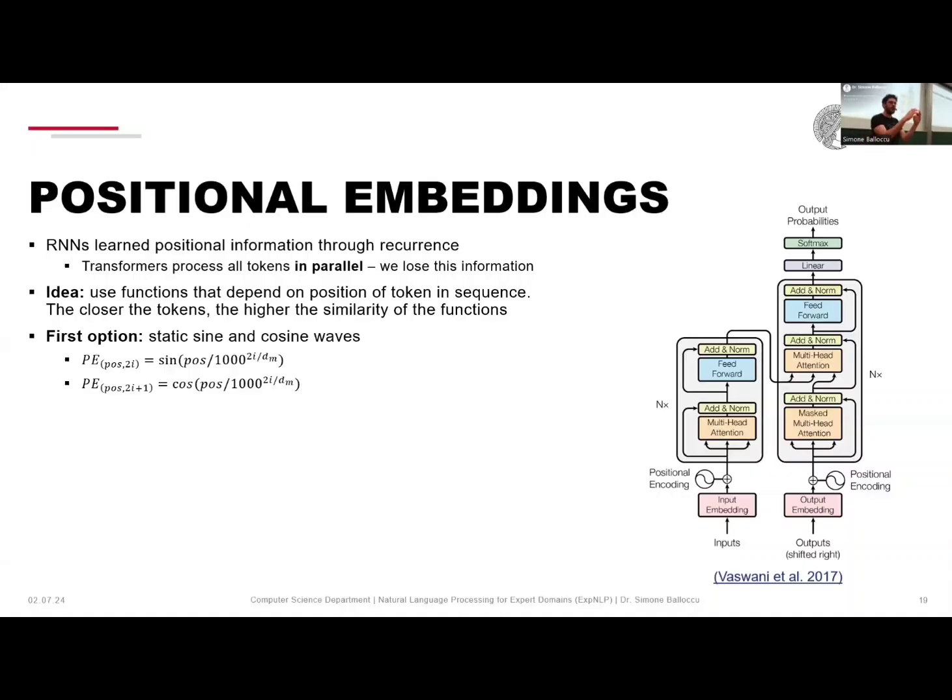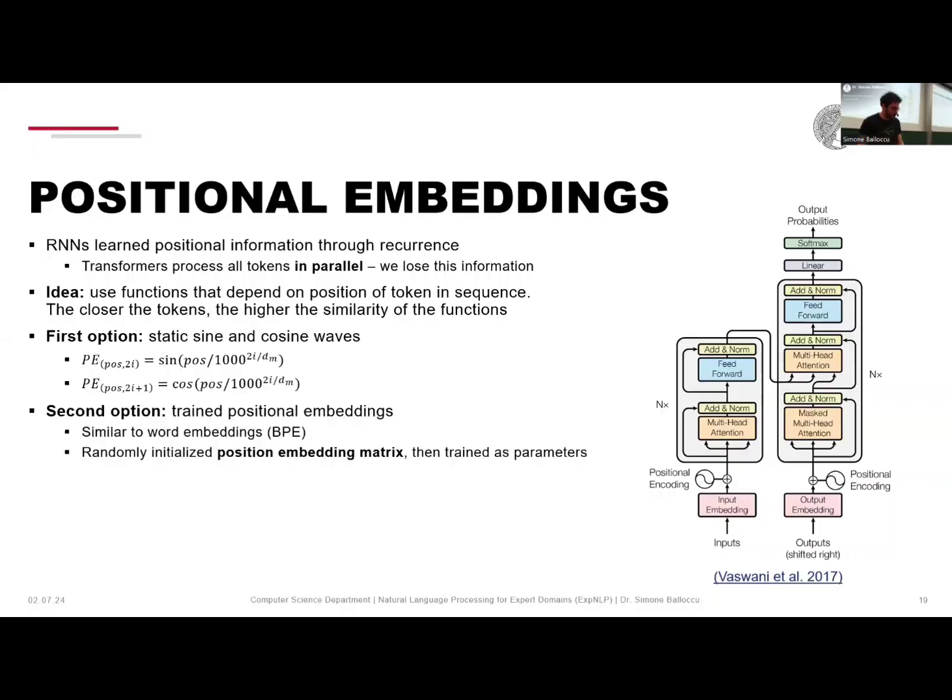If you have a word with 100 dimensions, the first dimension will oscillate super fast, and the further you move, it goes slower and slower. The idea is that this produces a kind of barcode, because when you look at the whole sentence, it has specifically unique wave frequencies, and that helps you model the position.